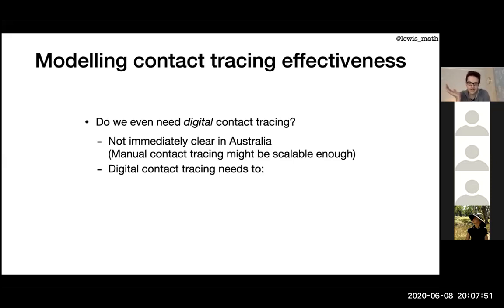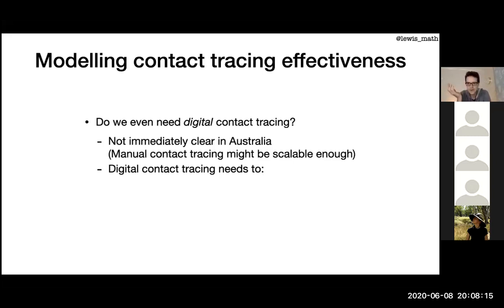If you wanted to throw money at the problem of contact tracing, you could throw money at human contact tracers and presumably train them up quickly. There's a large workforce there, and we could probably scale that to the extent that we need to. So it's worth mentioning that digital contact tracing is not the only solution.